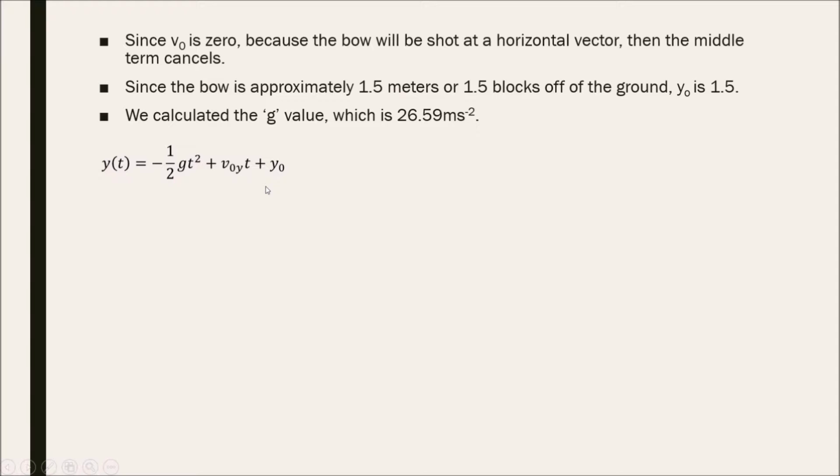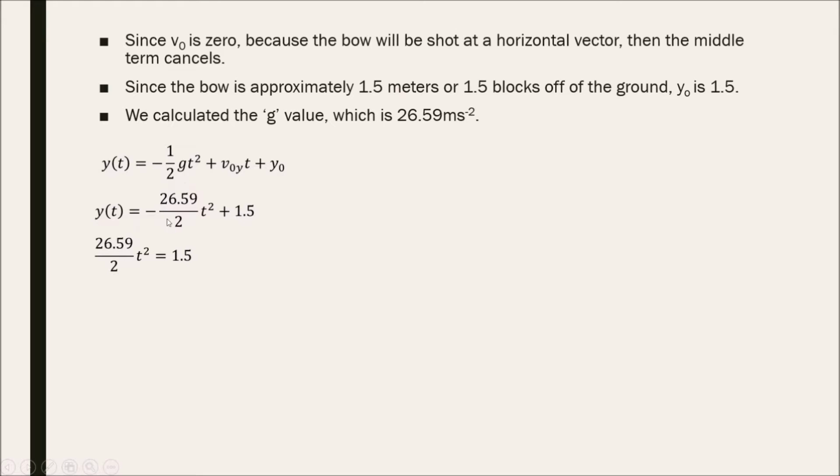And so if we take this equation and deduce it down, we take away the middle term because v sub 0 sub y is 0, and then we also substitute in g and y sub 0. We get this equation, and since we know y sub t is 0 when t equals the time that it takes to fall to the ground, we can put 0.